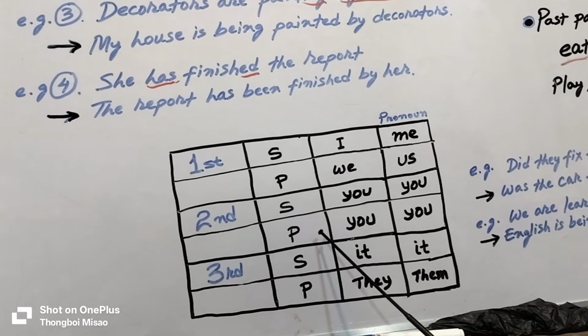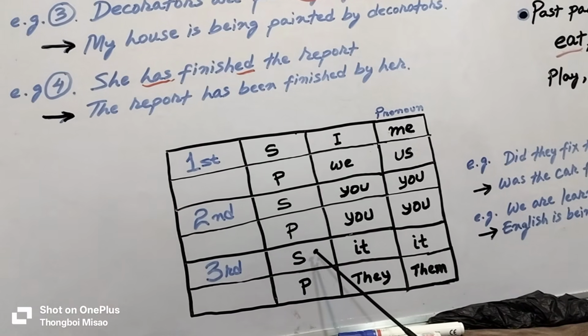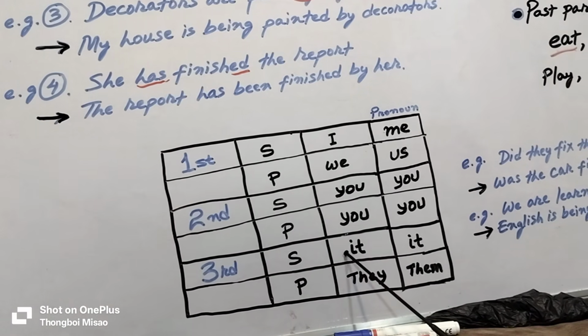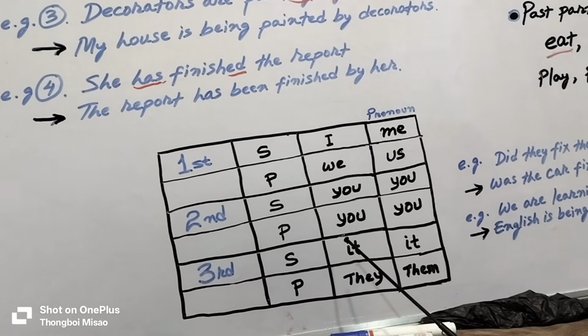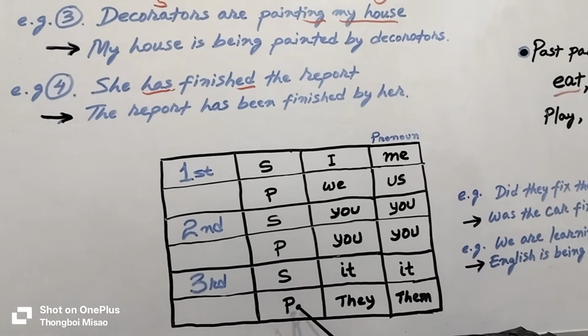Second person, both singular and plural, is "you". Third person, singular: it, he, she; and plural: they.